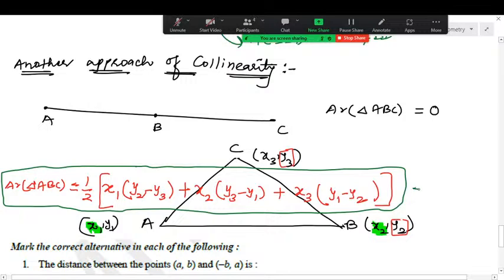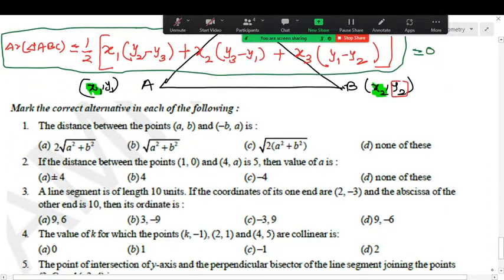And if this area is 0, you will call it collinear. That means you can use the concept of the area of a triangle to figure out collinearity. Got it?